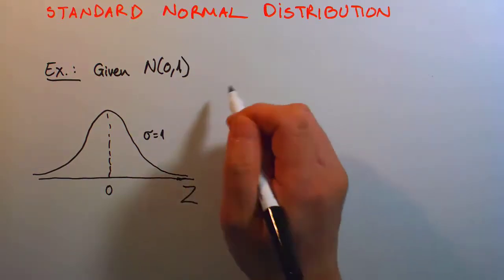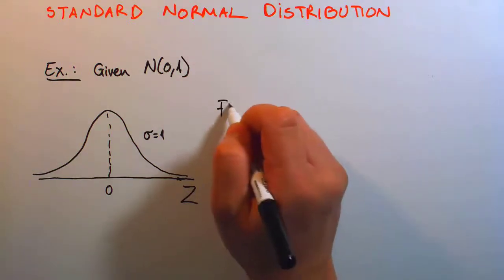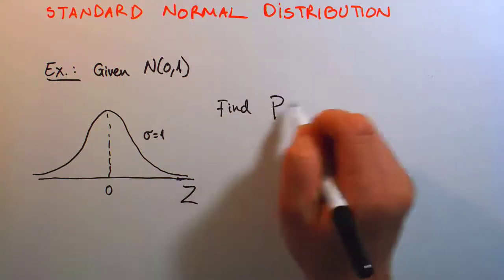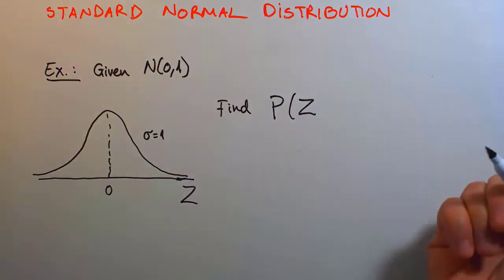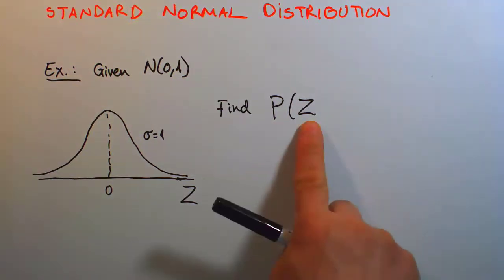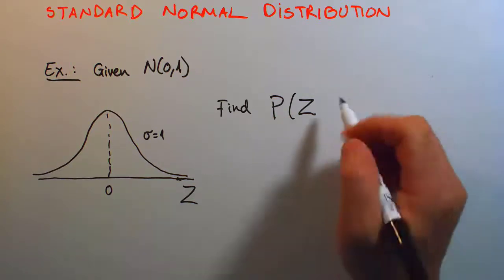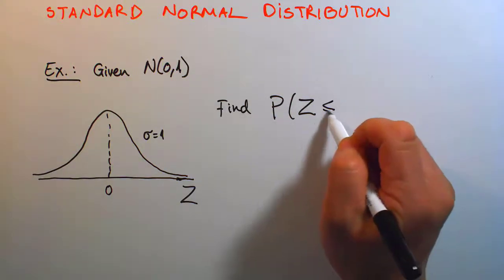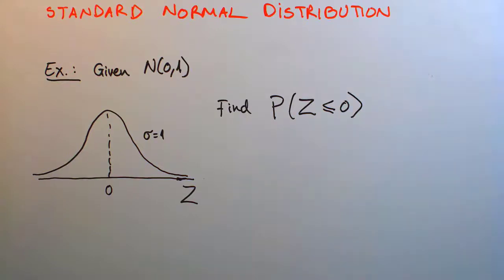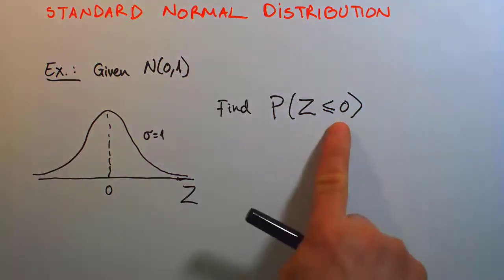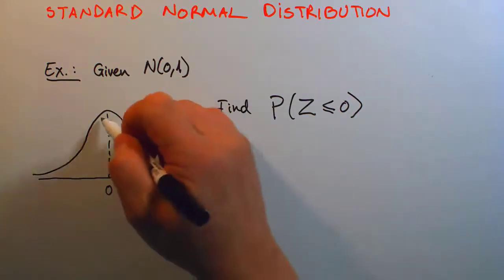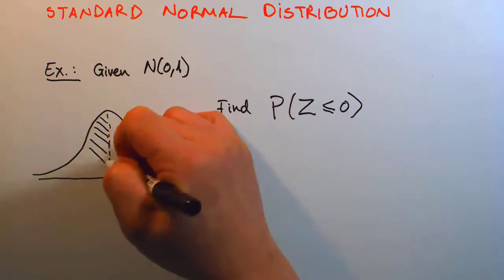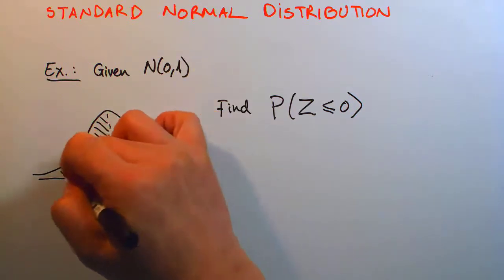Then the question that can be asked here is that we want to find the probability where we have a z value or a z-score. Now we can legally start thinking of the value of z as a z-score, having a z-score less than or equal to 0. Having a z-score less than or equal to 0, this is an interval of values, and graphically speaking, it produces a shading to the left-hand side of my mean value in the center.